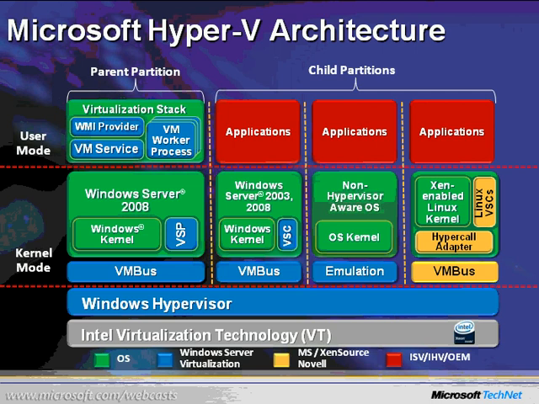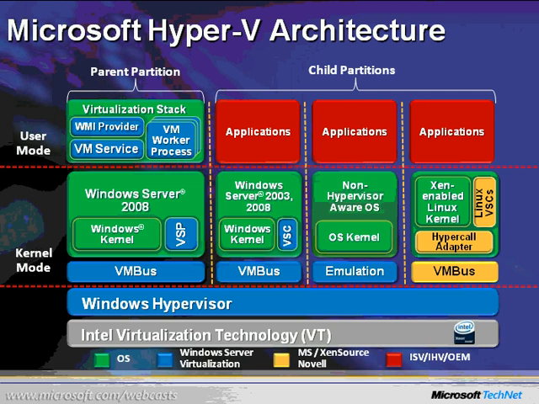The hypervisor then partitions out that server into multiple areas: a parent partition that holds the original Windows Server operating system that's used for managing each of the virtualized server workloads and managing device drivers. Each of the virtualized server workloads runs in separate child partitions.